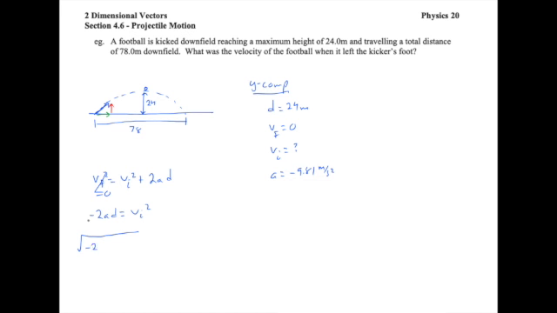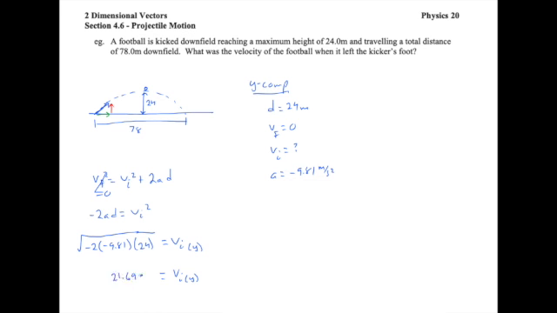Watch that negative: I can't take the square root of a negative number, but since my acceleration is negative, that'll work out okay. Take the square root of that, and that will give me the VI. Now remember, that's the VI just in the y component, so that's this red line here. It's not the total VI that I'm ultimately looking for. So the VI in that y component, if I put that through my calculator, will be 21.69.